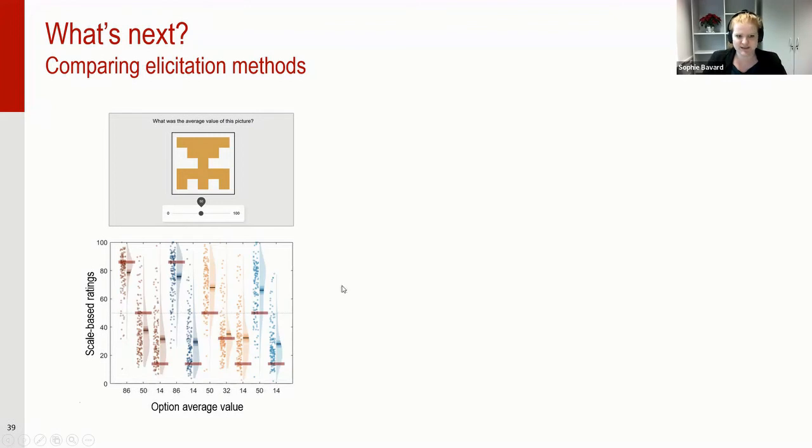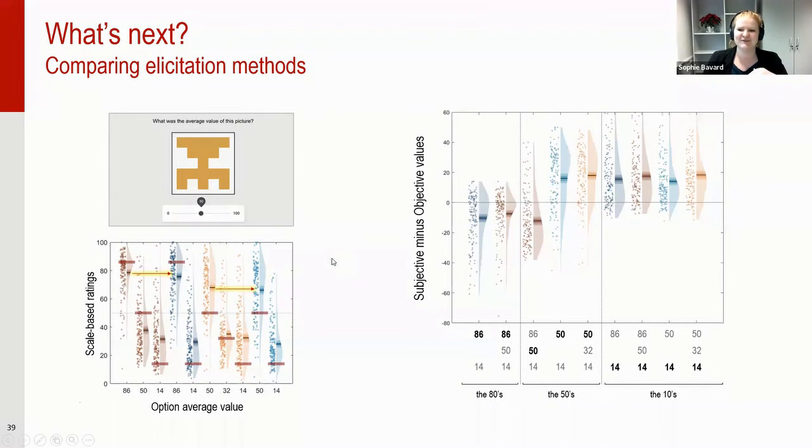And it's even more clear when we look at the difference between the subjective value expressed by the participants and the objective value that is shown in red. So we see that there is a regression to the mean for the 86 and the 14 options that is unchanged by the number of options. But crucially, the difference for option 50 is completely determined by its position in the range and not by the total sum of the available options.